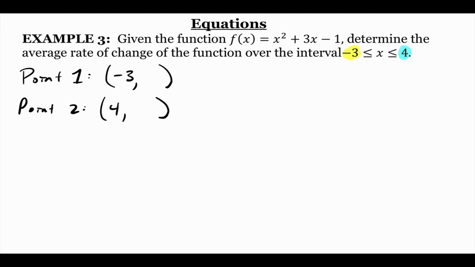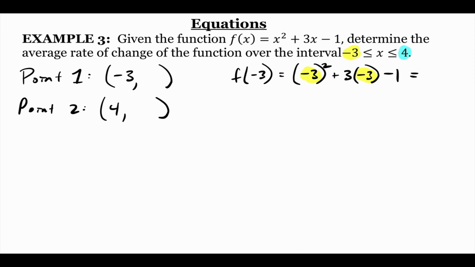So negative 3 to the second power plus 3, times negative 3 minus 1. That's how you use the equation they've given you. Everywhere you see an x, plug in the number that you want. I want negative 3. What is the y value for negative 3?